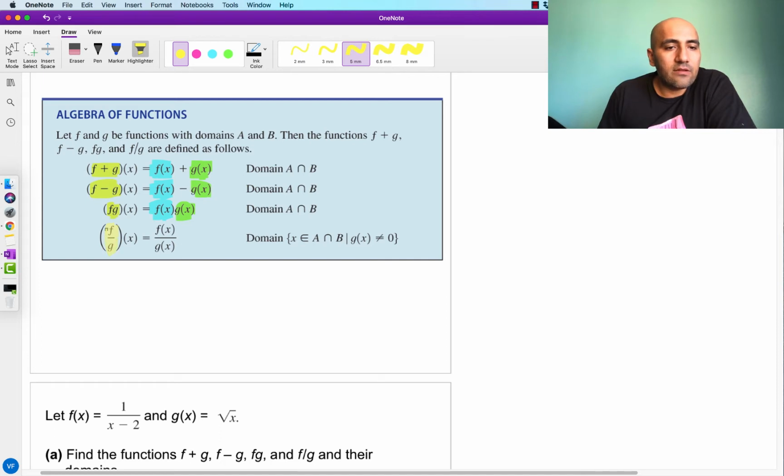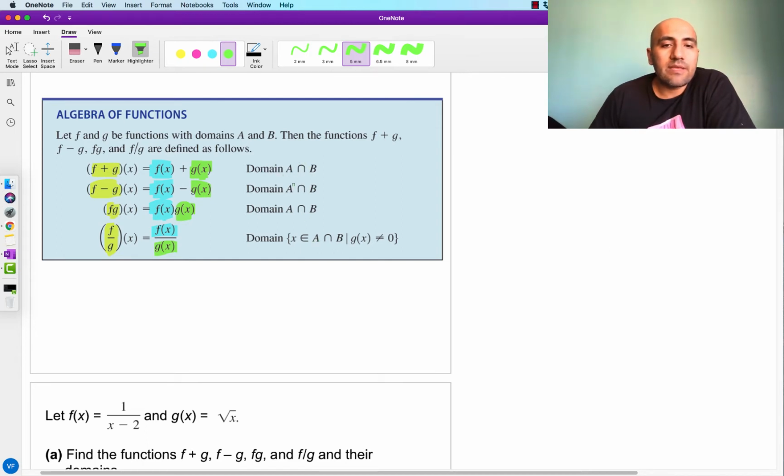So this is the title of this new function, f divided by g, evaluated at x, and it happens to be defined this way, which is going to be the f function divided by the g function, and it's valid everywhere except whenever the g function is equal to 0, right? We can't divide by 0. Okay, so the domain for all of them is going to be almost identical.